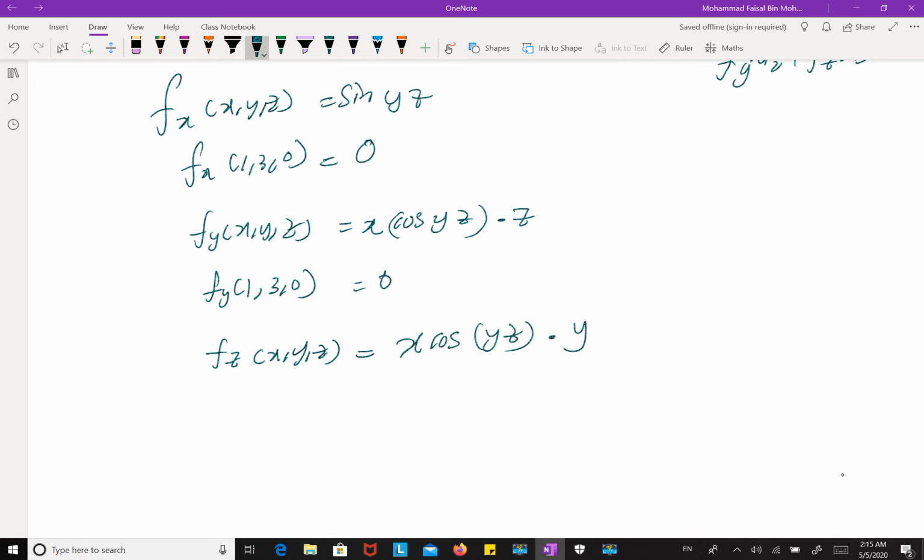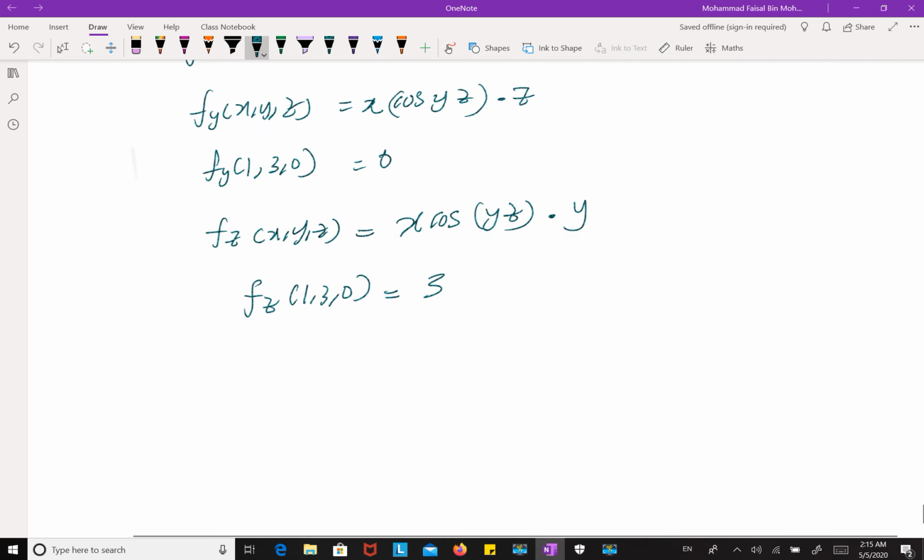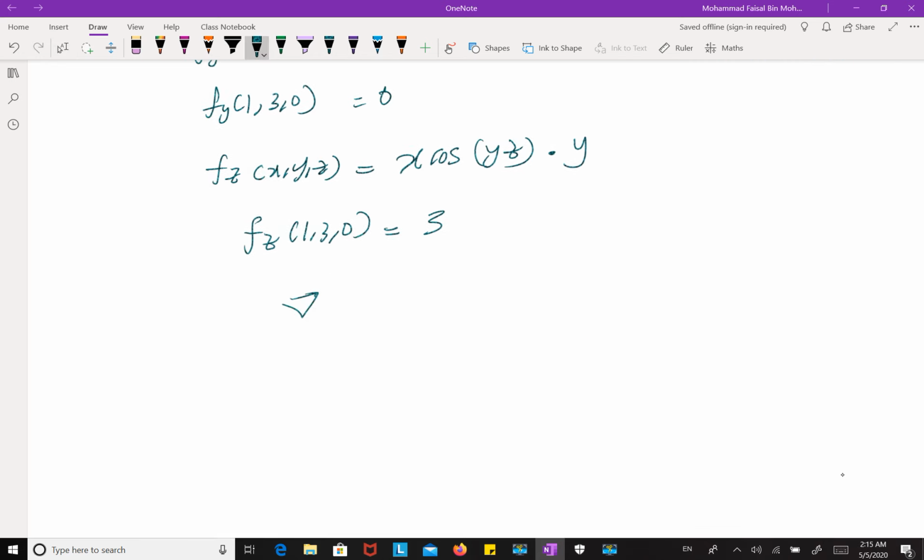So at (1,3,0), as the point given, you will get 3. So we have 0i, 0j, 3k, right? So your del f at (1,3,0) is 3k, or simply (0,0,3). You can write it also as 3k.